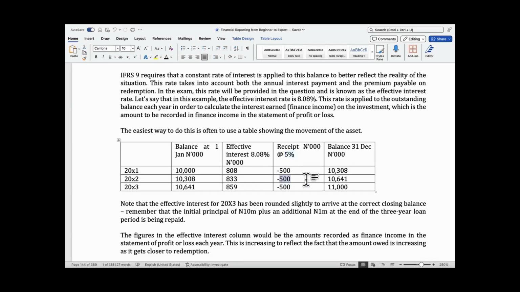It's still going to be on 10,000, so it will be 500. By the time you do 10,308 plus 833 minus 500, you get 10,641. Again, you carry this forward. You apply the effective interest rate on it, gives you 860.